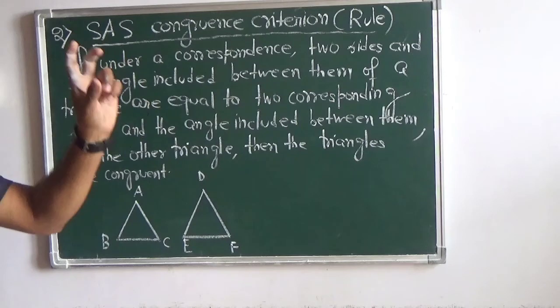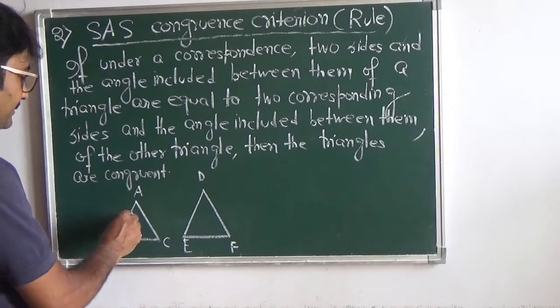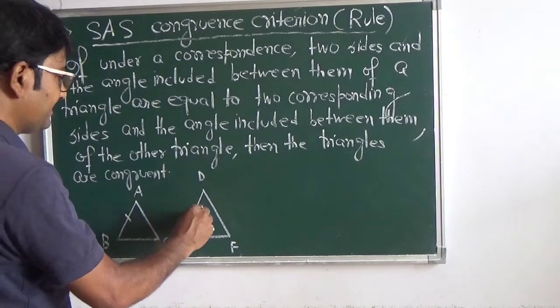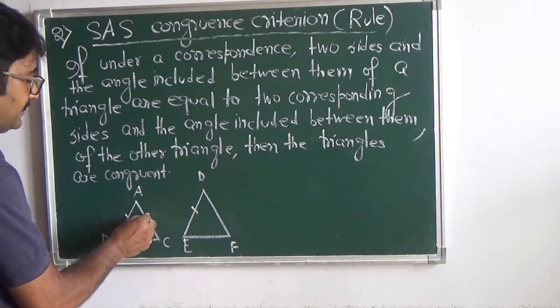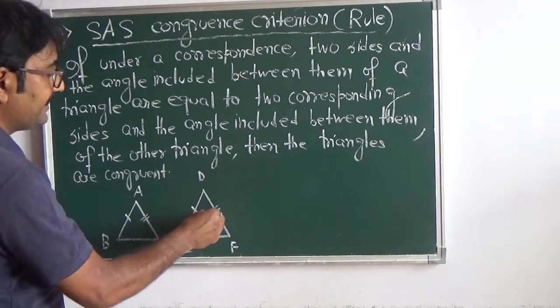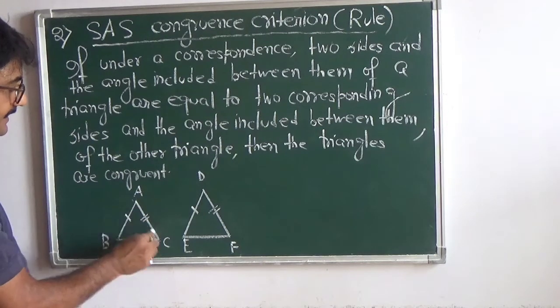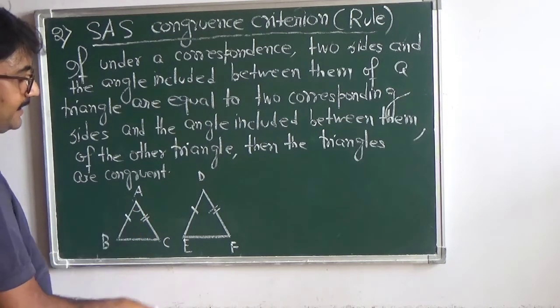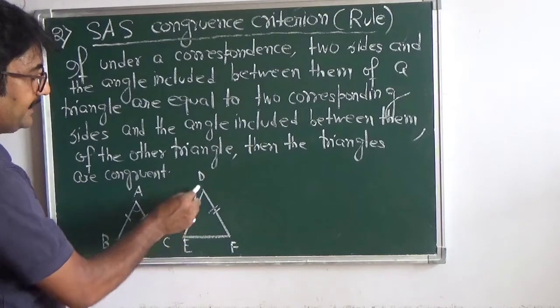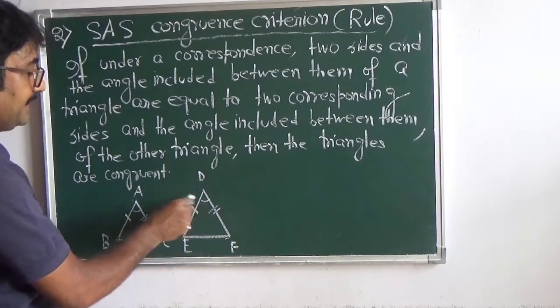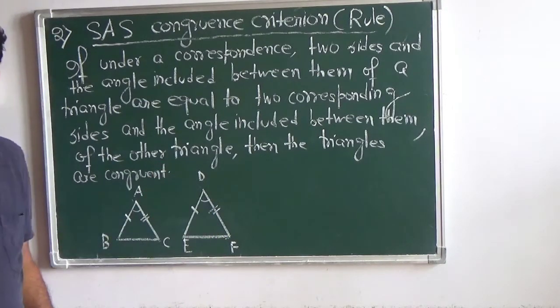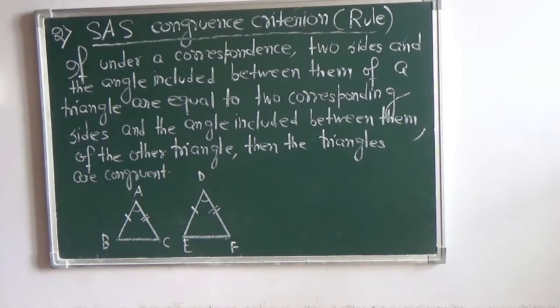Two sides and the included angle. Now supposing side AB and side DE are equal, side AC and side DF are equal, then the angle included between the sides AB and AC is angle A, and the angle included between the sides DE and DF is angle D. If these two are also equal, then we say that the two triangles are congruent.